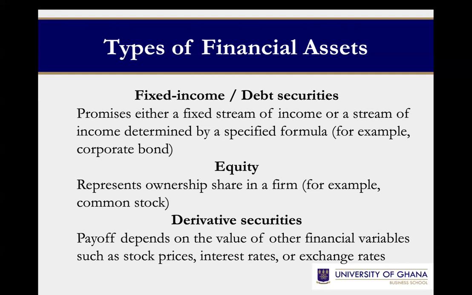Now we could also have equity, and that's usually representing the ownership stake in a firm and usually represented by common stock. Another class of financial assets that we would normally find are derivative securities. Now, these in and of themselves derive their value based on an underlying asset. In the sense, it could be a stock price.